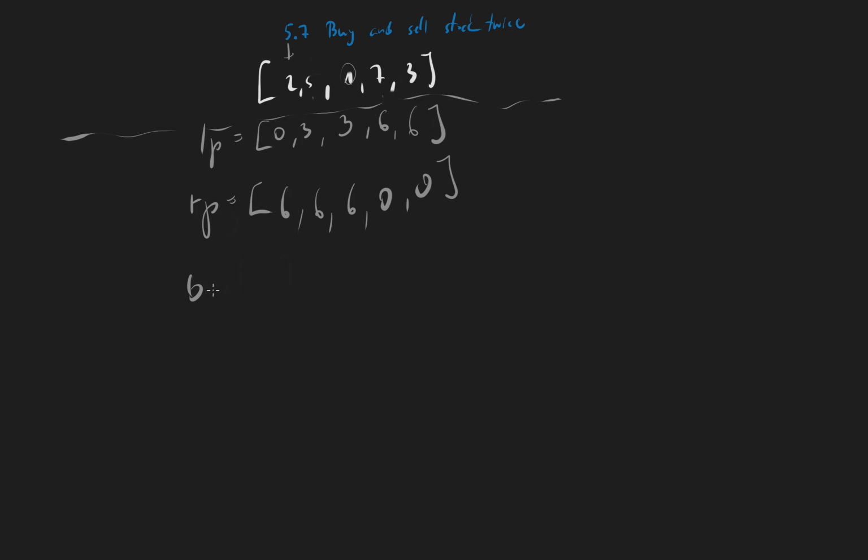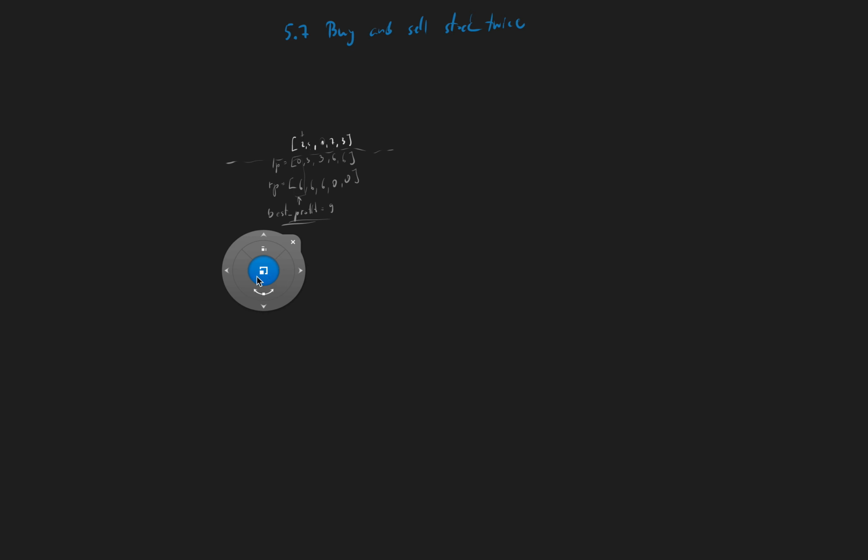So let's have a variable best profit, and let's initialize it to 0, and now let's just go over it. So here it's 6, right? Next index it's 9, and so on. And we return best profit back. So this is one way of solving this.